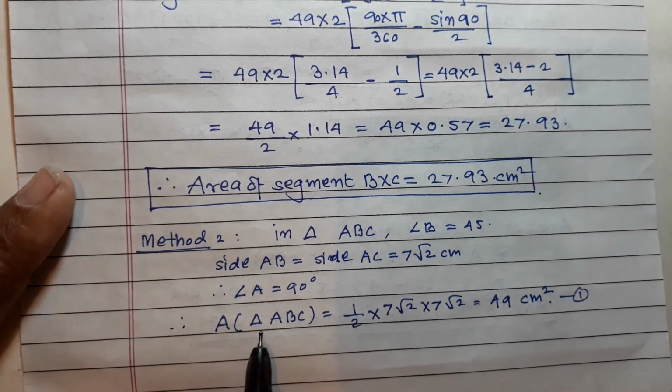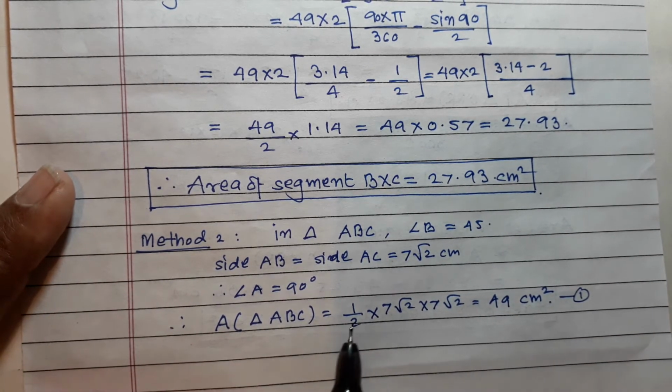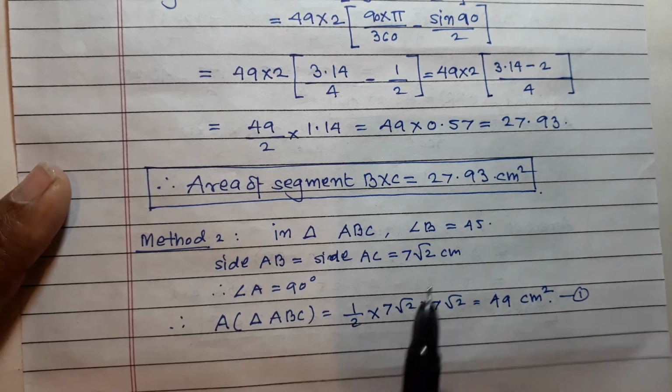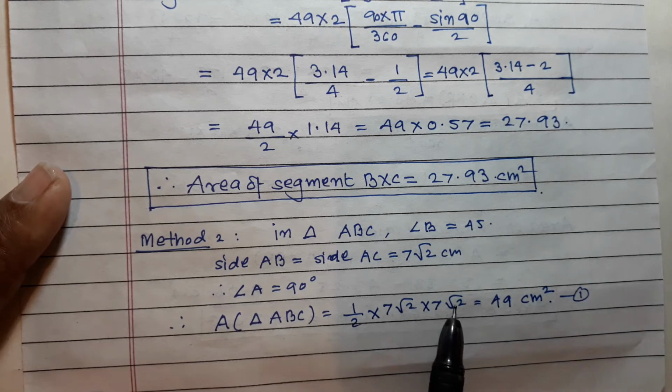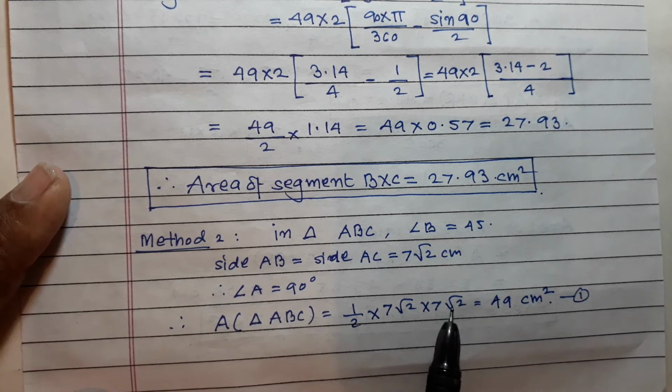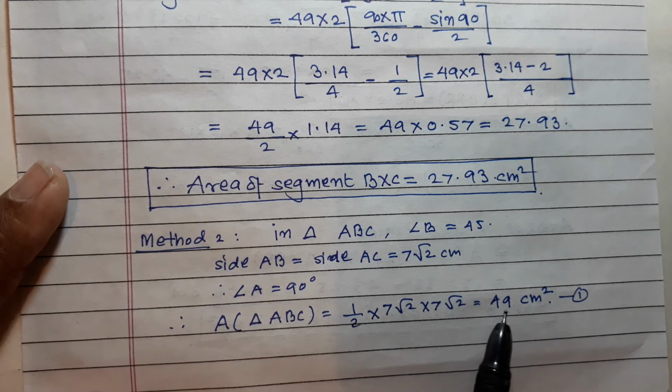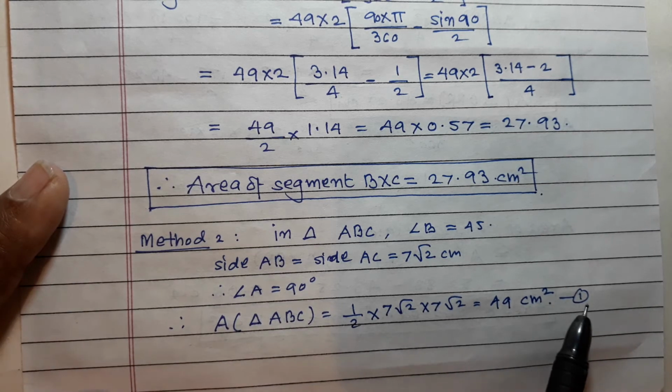And therefore area of triangle ABC is equal to 1 upon 2 base into height. This is a right angle triangle and therefore this is the base and this is the height. If you simplify this, you will get 49 cm square.